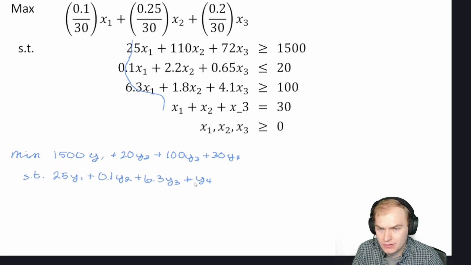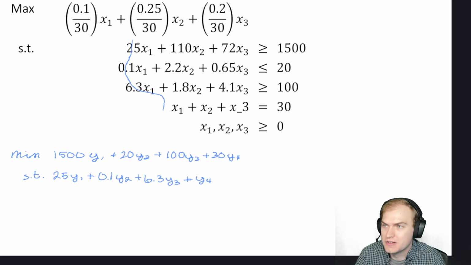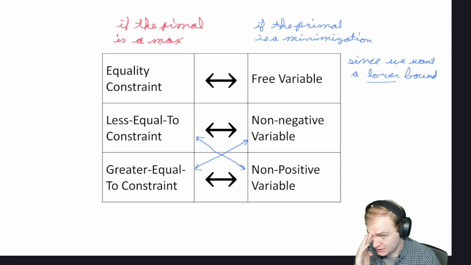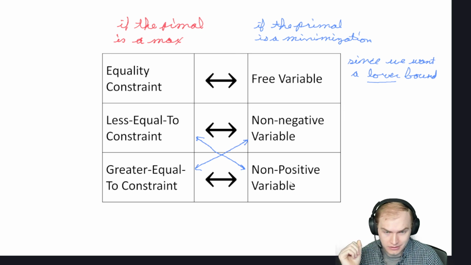Now, y4, or oh yeah, so all of our variables are greater than or equal to 0. So if we come back and reference our slide, maximization problem, greater than or equal to constraints, non-positive variables.